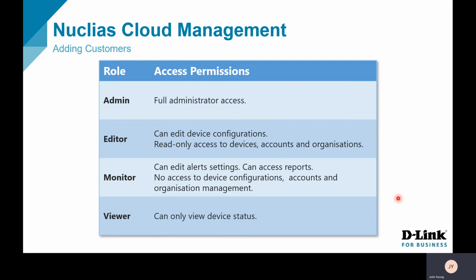The first one is admin, which means you have full control of the devices. Next, editor can do everything, but cannot add or delete APs or the license. Then followed by monitor, who cannot see all the settings, but can see the alert settings and access the reports. And lastly, the viewer can only see the device status.